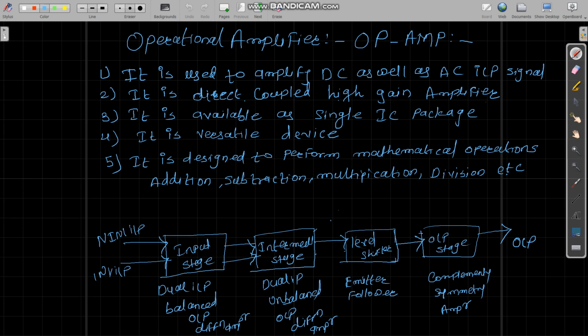Generally the output of this first stage is provided to the intermediate stage of the op-amp, which is again a dual input differential amplifier, but here with unbalanced output. That's the reason you can see I have shown two arrows. That means the output I have taken from both the transistors, so I am showing that two outputs are coming, which are the input for the intermediate stage.